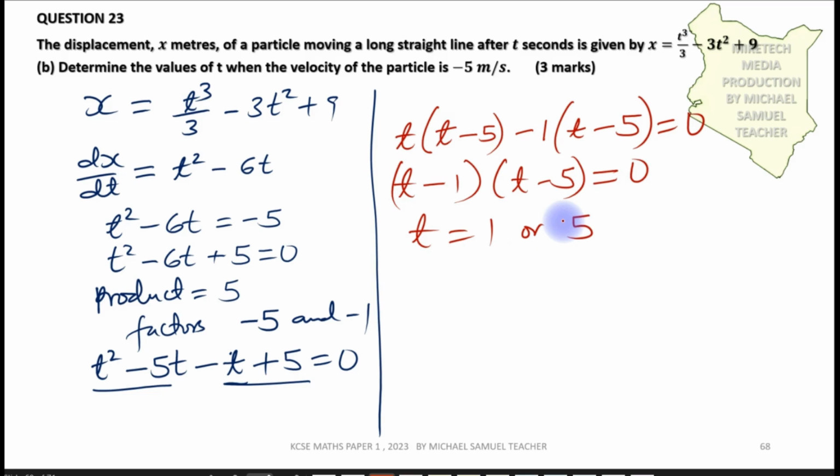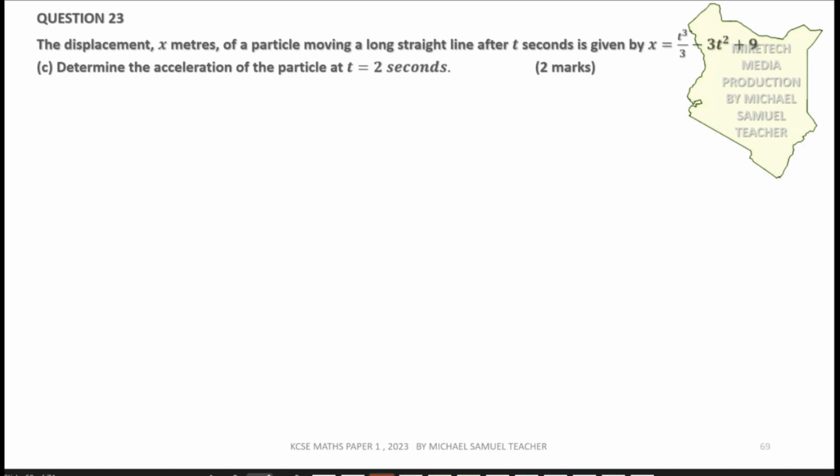So when the particle's velocity is minus 5 meters per second, it's after 1 second or 5 seconds. And then lastly, part C of question 23: determine the acceleration of the particle at t is equal to 2 seconds. For acceleration of the particle, we have to differentiate velocity. Remember, acceleration is given by dv/dt.